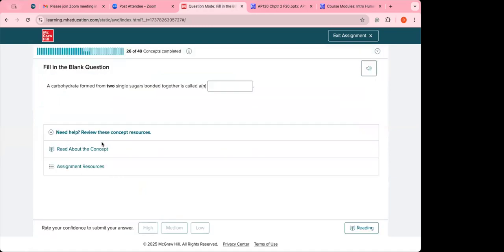Disaccharides. I think there's only one S. D-I-S-A. I don't remember how to spell it though. So go back and check the spelling. But yeah, that's the one.